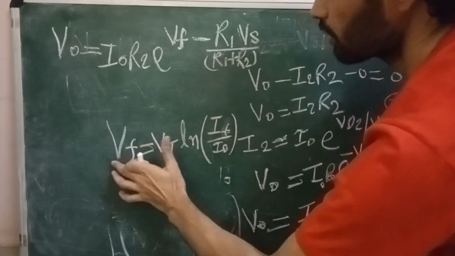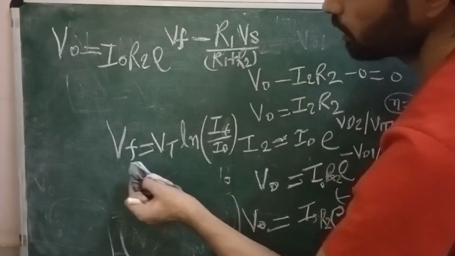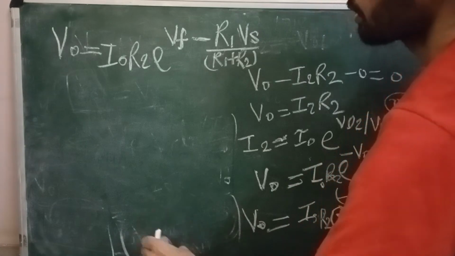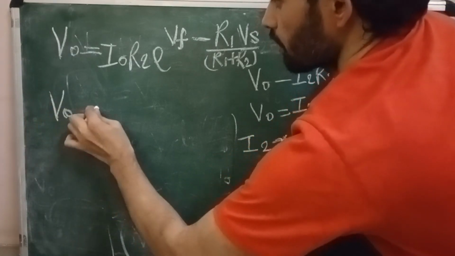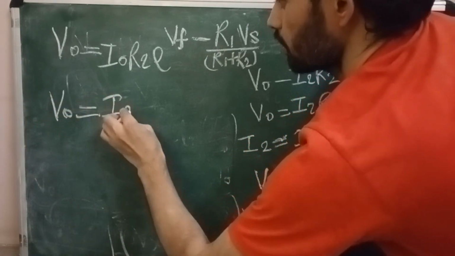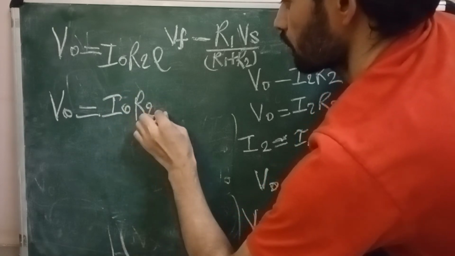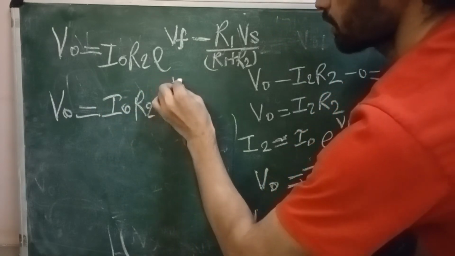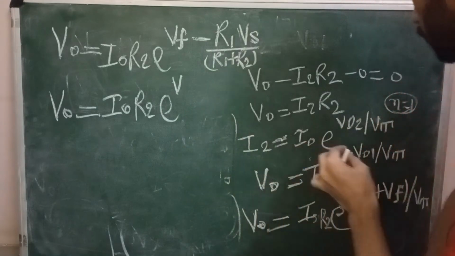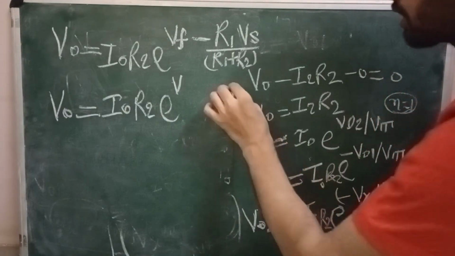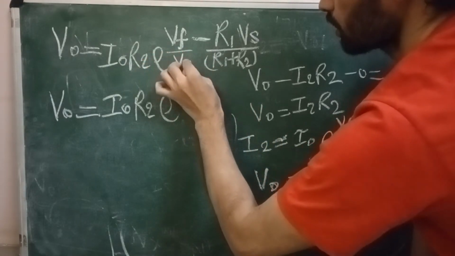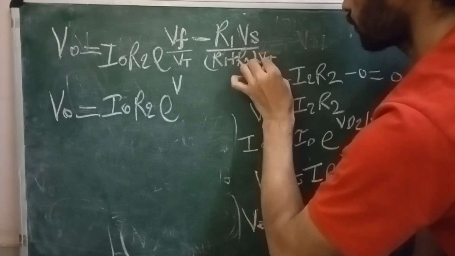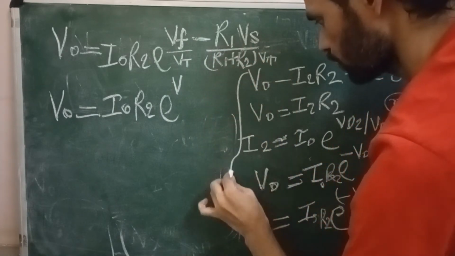This much current we got. Just put this value of Vf here. So V0 is equal to I0 into R2 e to the power Vf, where Vt is also there, and in the division Vt is also there.